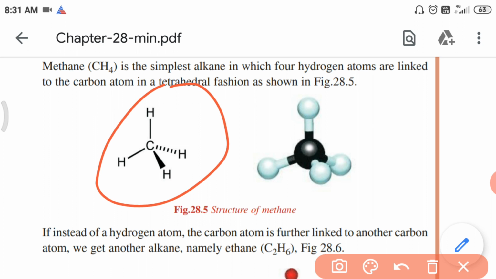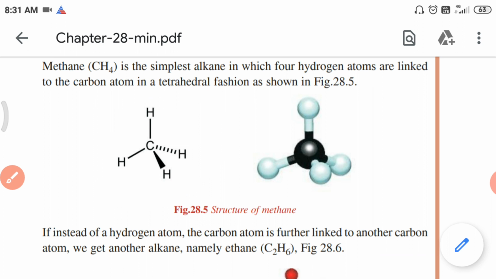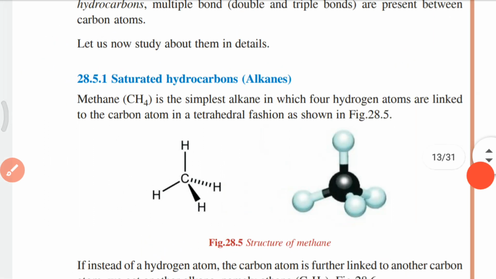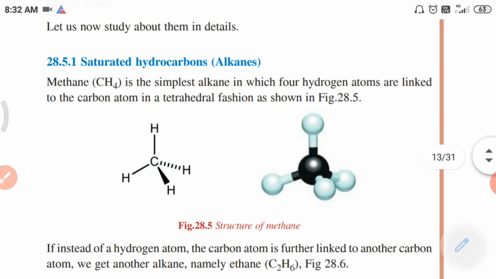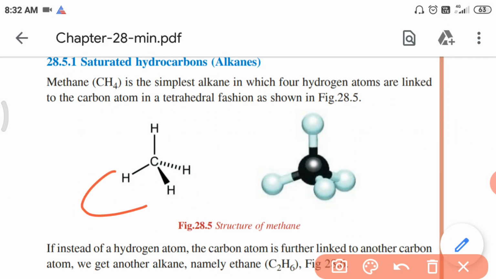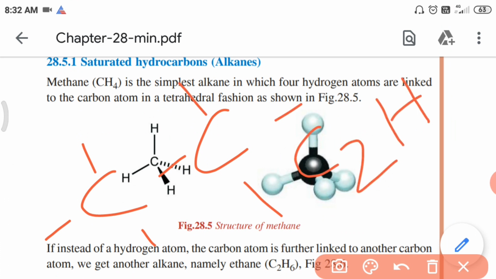If we remove one hydrogen from this and add one carbon, which is again linked to 3 other hydrogens, that means C2H6.